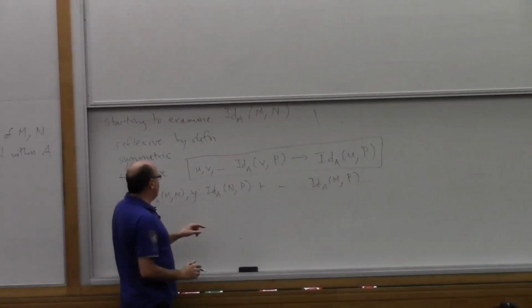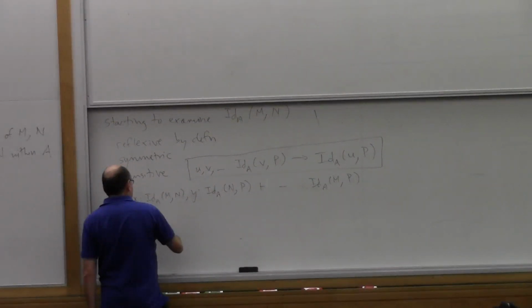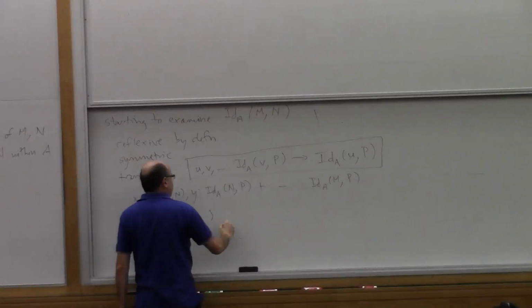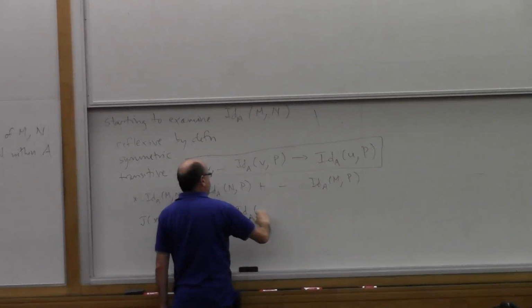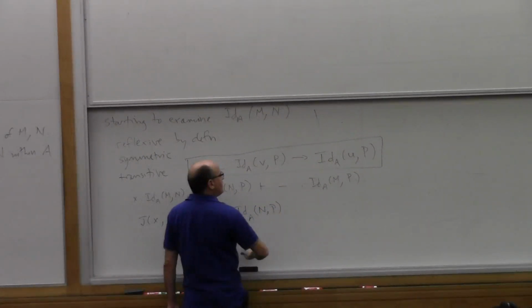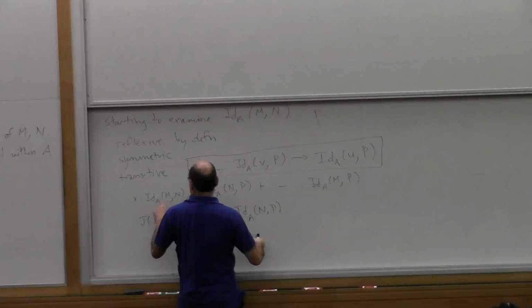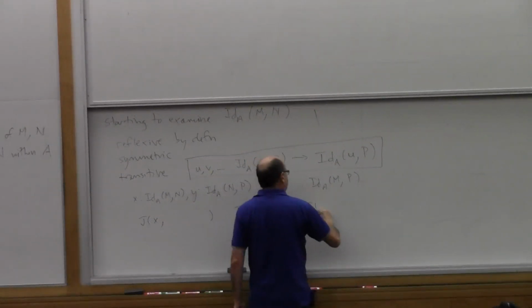Because of the way we chose the motive, what we're going to get by a use of J on X will end up saying if N is equal to P, then M is equal to P. Yes, good.